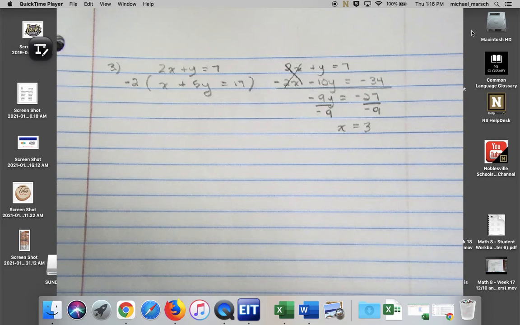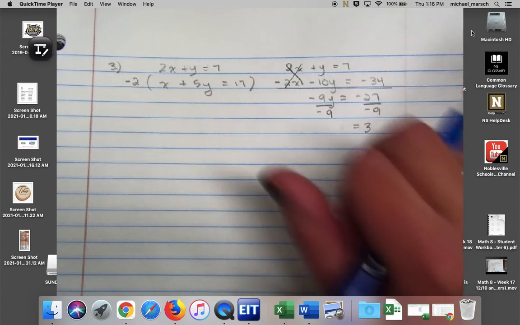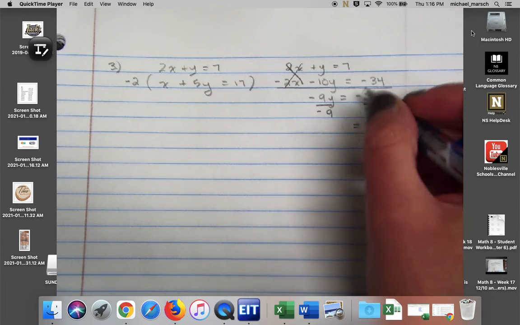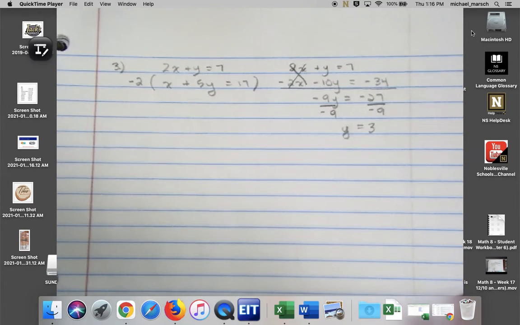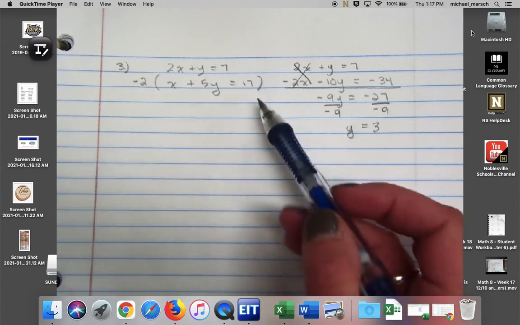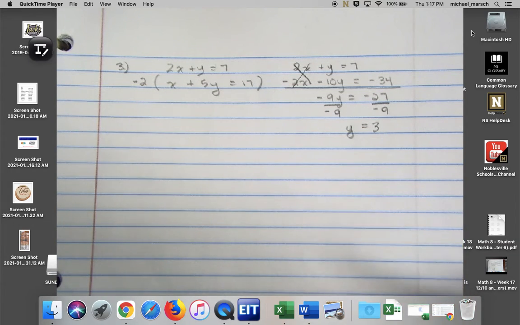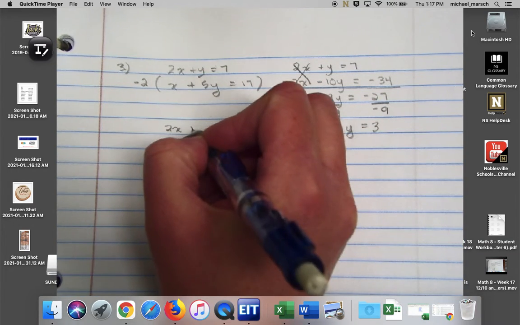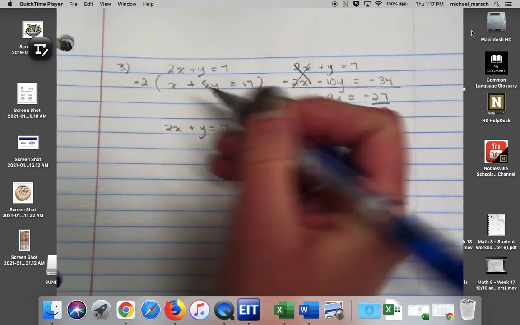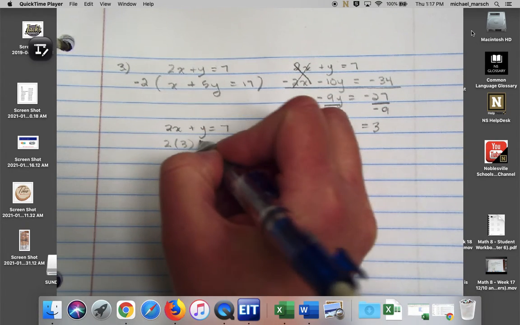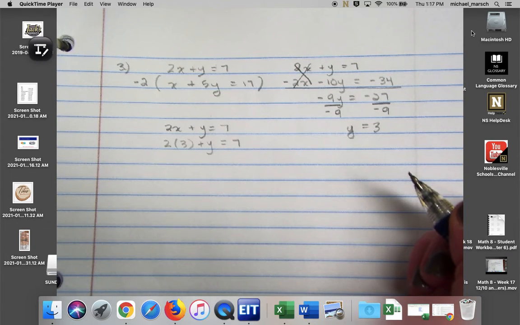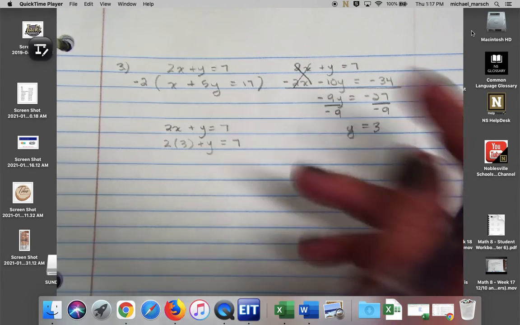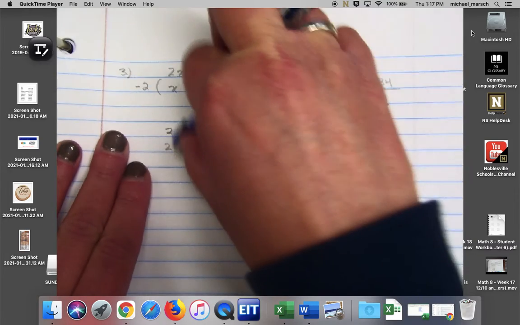Oh, yeah, it is y equals 3. Thank you. And if you did the other way, you would have x equals 2 if you had multiplied by 5. So we're going to go ahead and substitute this 3. Pick an equation. It doesn't matter which one.